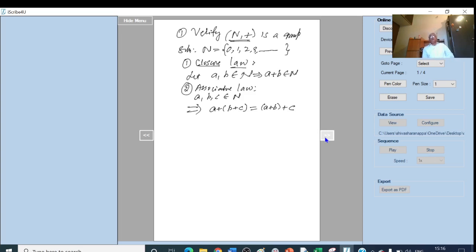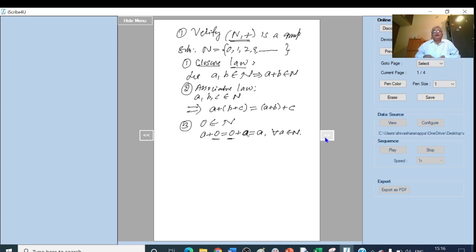The associative law holds. And here, we can observe that 0 is an element belonging to N. And 0 acts as the identity element because A plus 0 equals 0 plus A equals A. This is true for all A belonging to N. So that means this 0 is acting as the identity element.